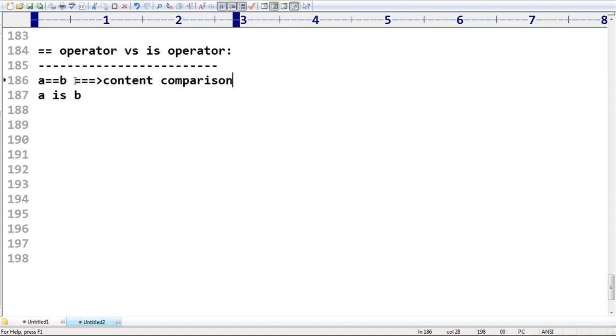Remember this one. A is B is always meant for reference comparison. Very, very important question for the interview room. The first one is for content comparison, the second one for reference comparison. Only if both are pointing to the same reference does it return true. Clear for all of you, right?